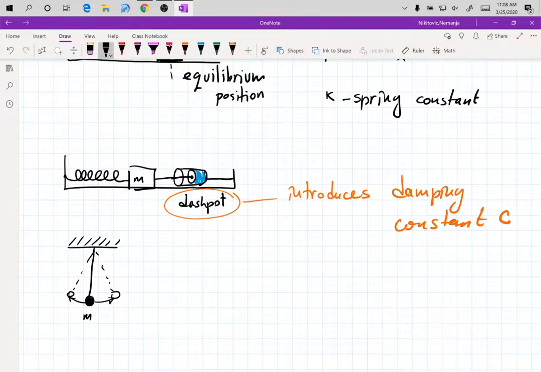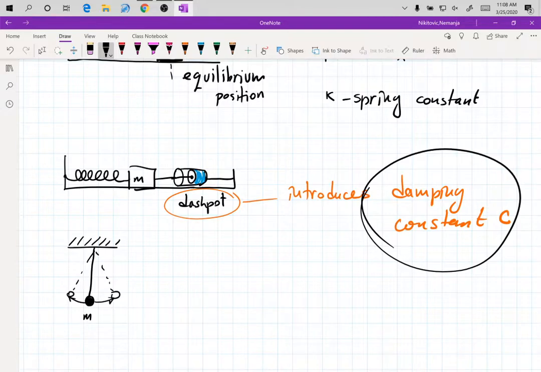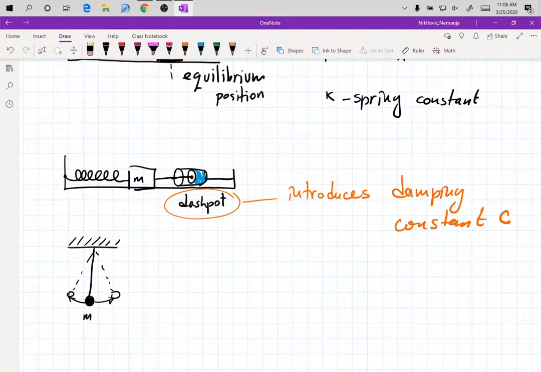Just don't get slain by your parents, all right? You can swing this bob left and right, and it will eventually stop. Why does it stop? It stops because of the damping constant c.